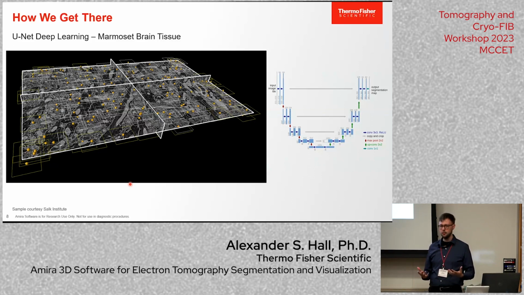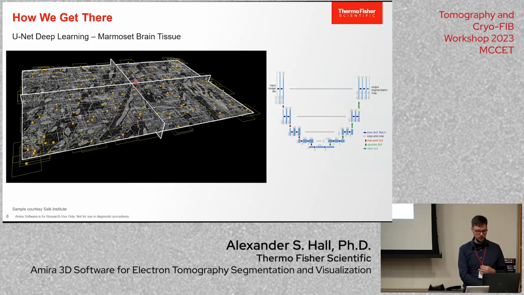If it was really homogeneous, you could say, okay, just take that little corner up at the upper left and train it on that. But in our case, for example, you can see that there's, I think, a blood vessel going through the sample. That's not evenly distributed throughout the sample.